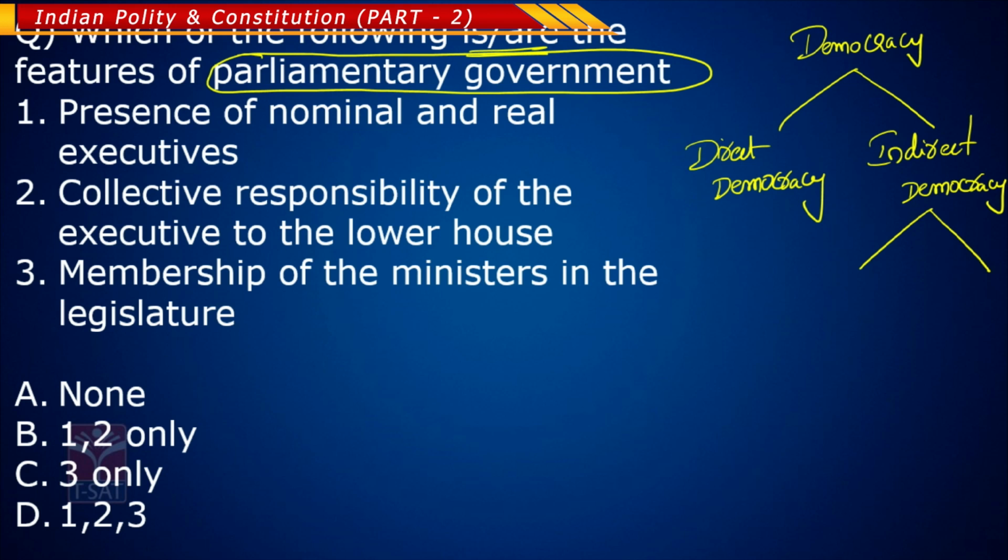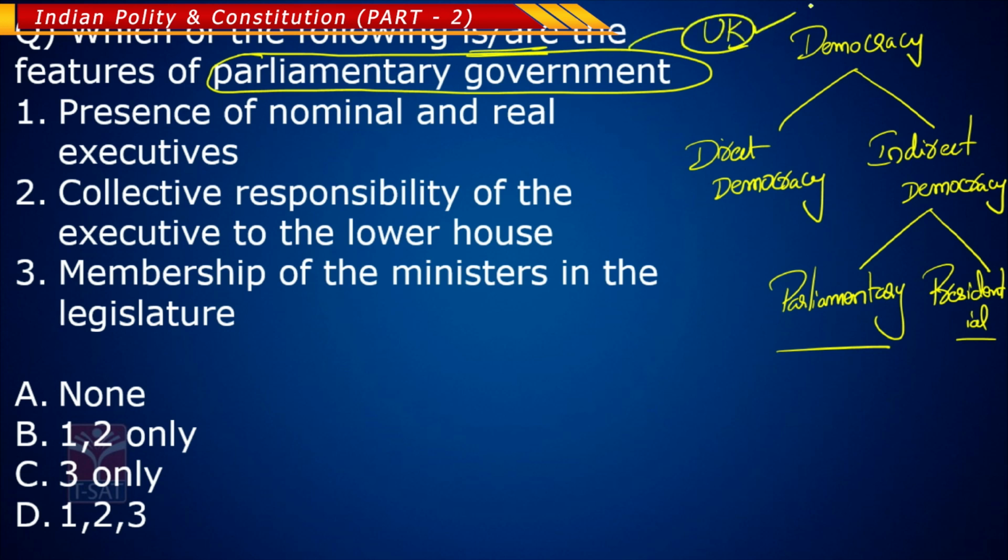Now this indirect democracy has two forms of government: parliamentary government or presidential government. In India, we have the parliamentary type of government, taken from or inspired by the UK.